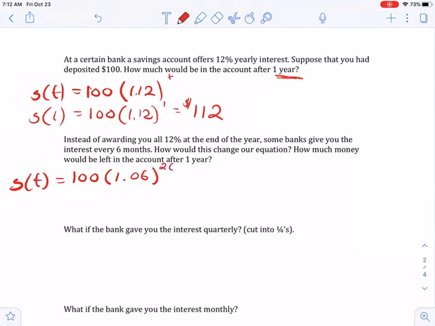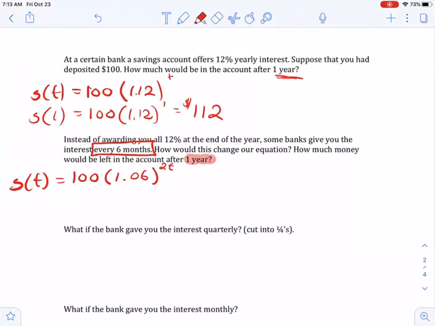And then for my equation, what I actually want is 2t. That's because if this is every 6 months, then I'm going to be awarded that twice within a year.